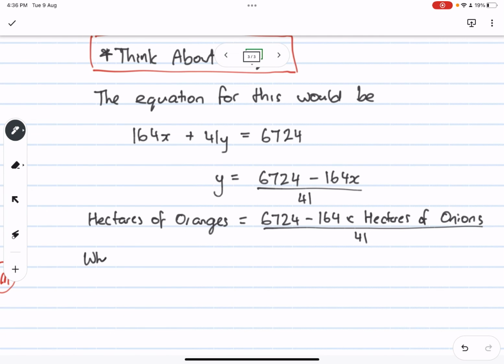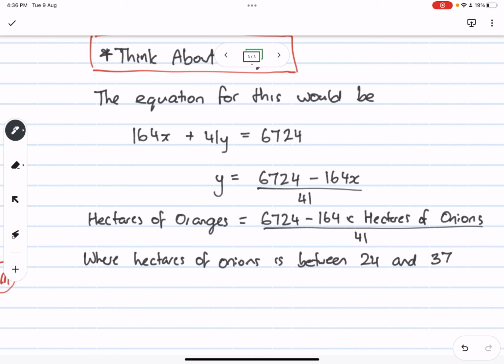And we know the hectares of onions is between 24 and 37, which is what we knew from our critical points.